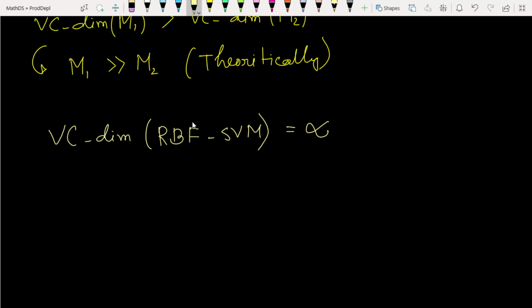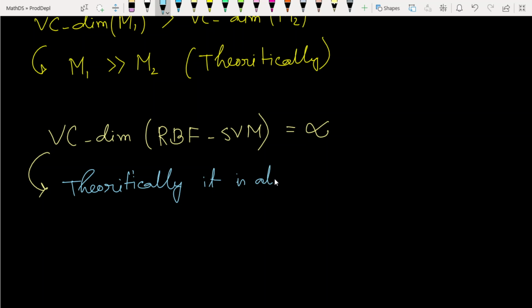Its VC dimension being infinity implies that theoretically it is always better, since its VC dimension is infinity.